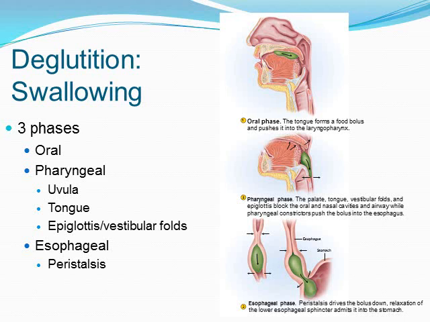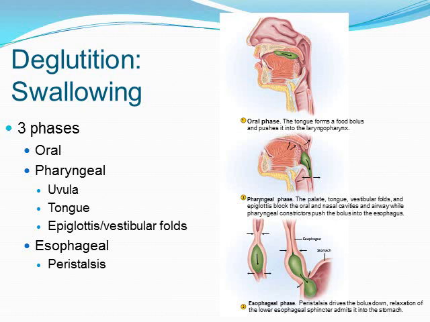So there is this coordination between the uvula, the tongue, and the epiglottis to physically block the trachea and allow food to move down through into the esophagus.